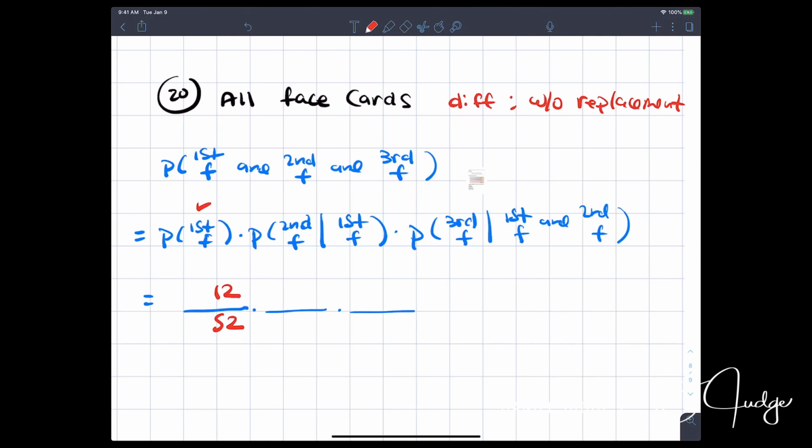Now, to ask the second question, what's the chance the second card is a face card given the past? What happened in the past is you had a first card that was a face card, and we threw it out the window. So the chance the second card is a face card, if one face card is out the window, there's 11 left out of 51 cards because one card was thrown out the window, a face card.